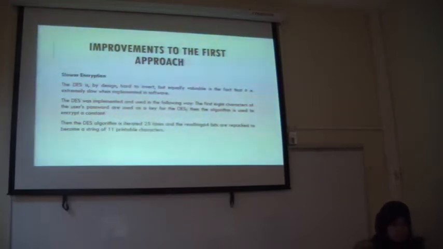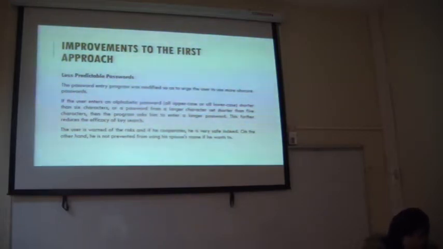Now we will see some improvements to the first approach. For the solution of encrypting the password, the first one is to use the first 8 characters of the password to generate a random password, and do this 25 times.